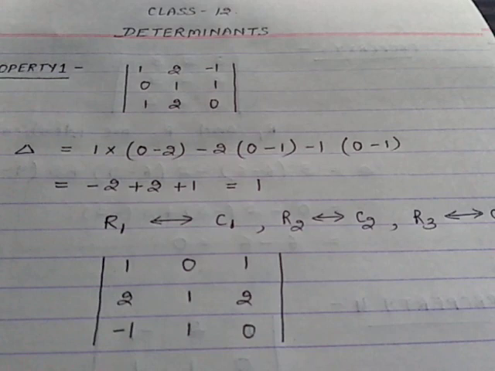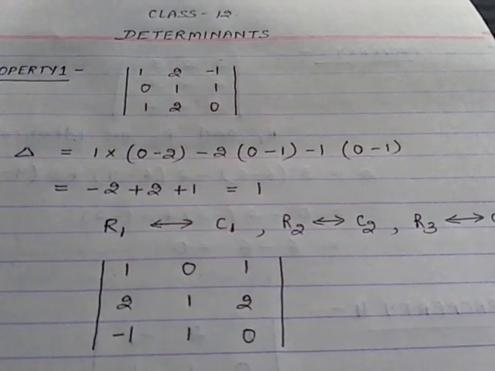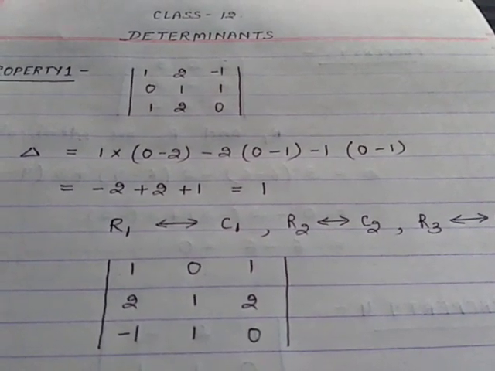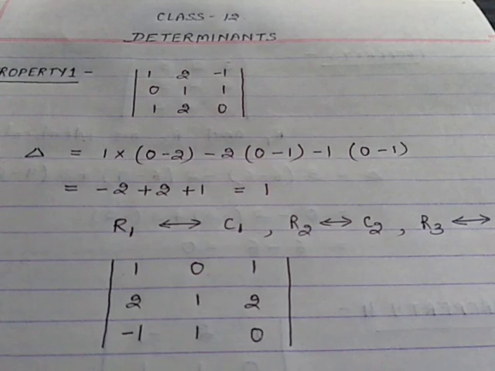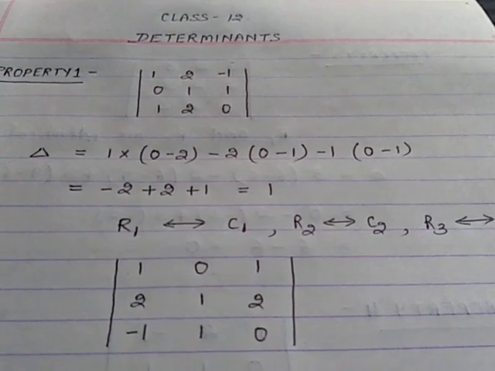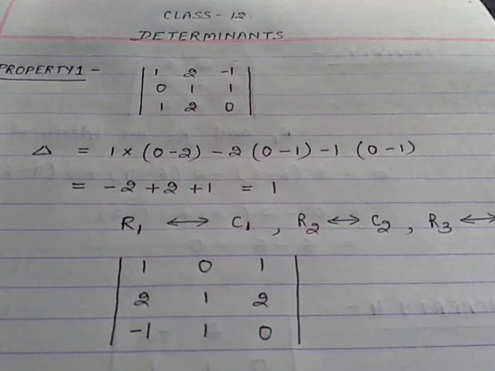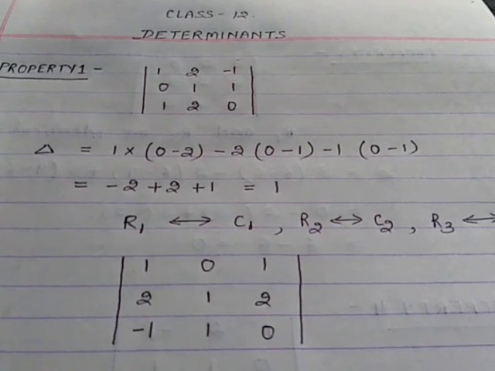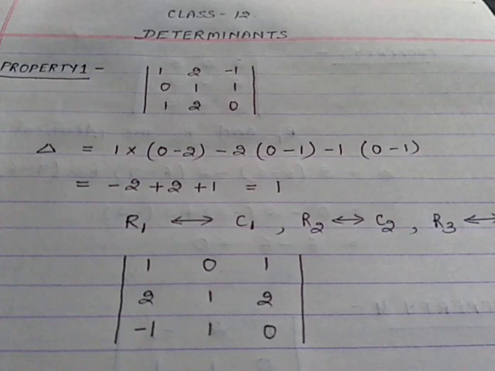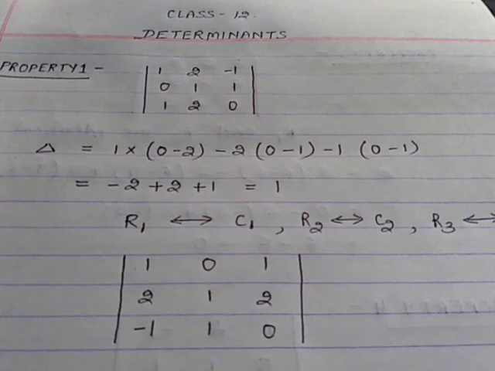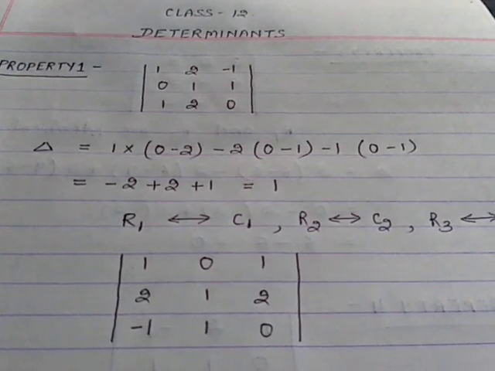Now you can see the given determinant, the first column was 101. Now after interchanging, the first row is 101. Similarly for C2 and C3 also.